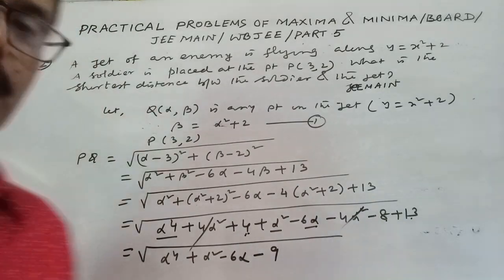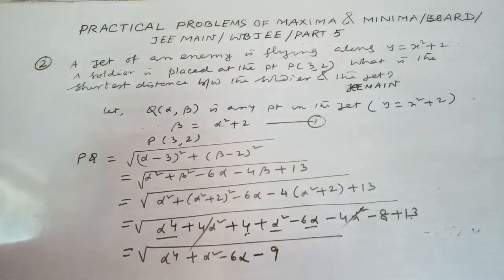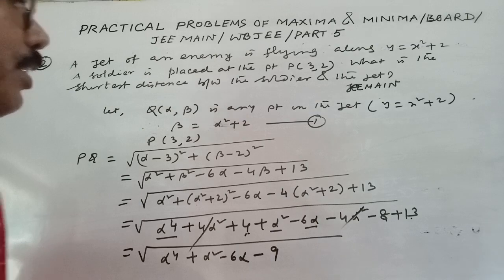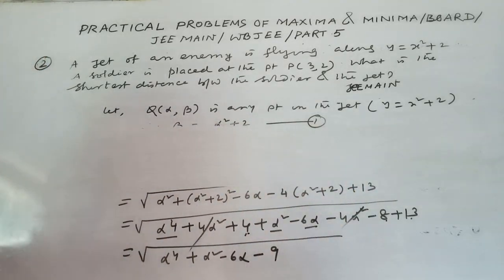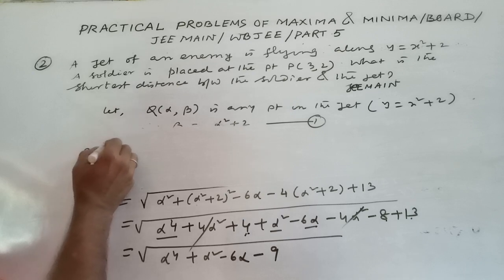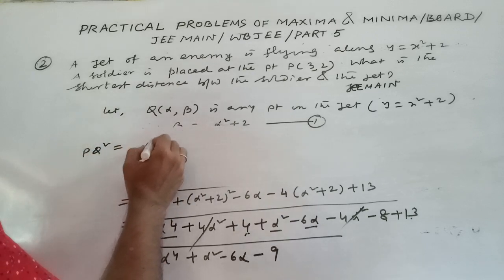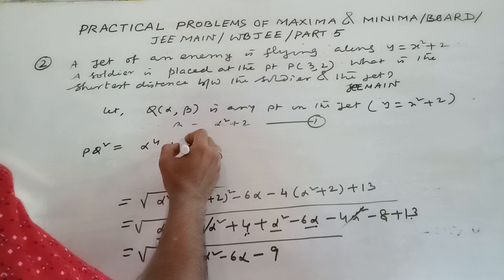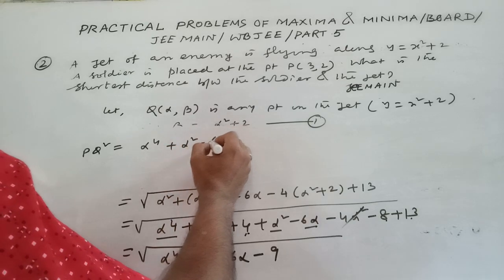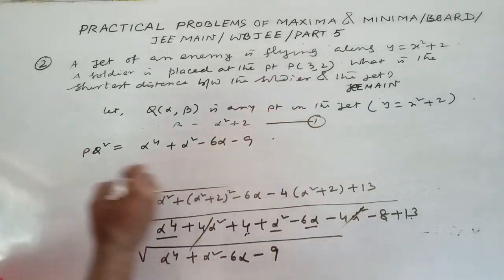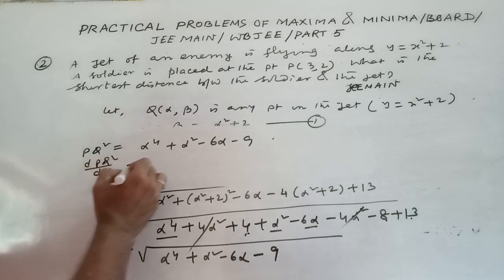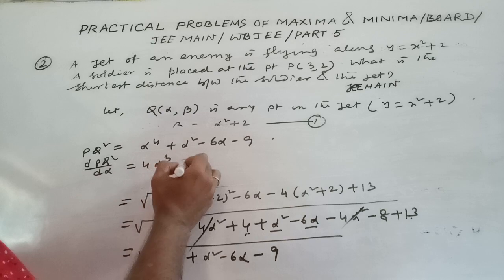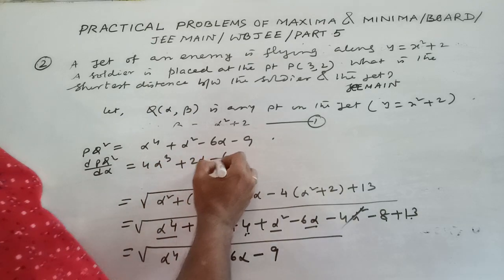Now this is within the root sign. So I have already stated that you have to take the square of it. So PQ square equals alpha to the power 4 plus alpha square minus 6 alpha plus 9. So d PQ square by d alpha is 4 alpha cube plus 2 alpha minus 6.